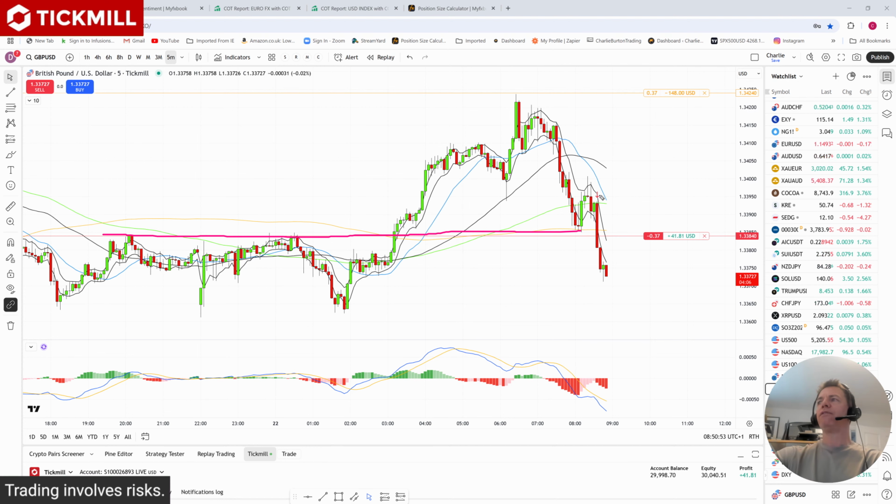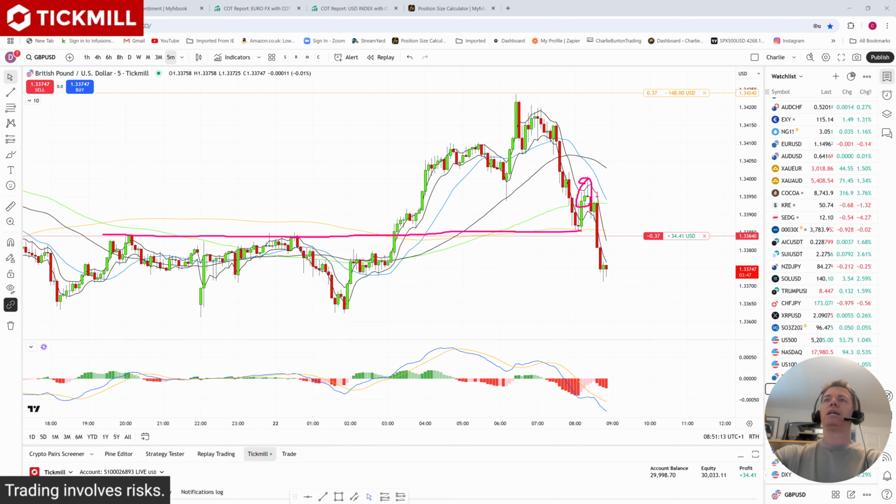I wanted to see if it rolled back over and then trigger me in there, rather than, yes, I could have shorted it up in this zone on a little bounce, but again, just being a little bit cautious given the strength of the trend overall.